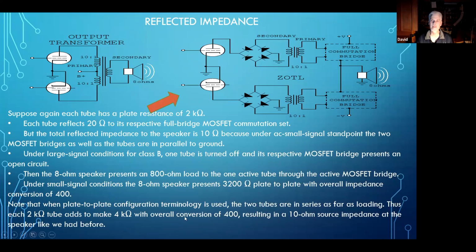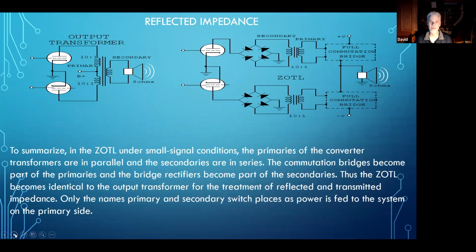So this is kind of a mouthful of technical gobbledygook maybe, but the bottom line is, in summary, in the ZOTL under small signal conditions, the primaries of the converter transformers are in parallel, the secondaries are in series, the commutation bridges become part of the primaries, and the bridges become part of the secondaries.